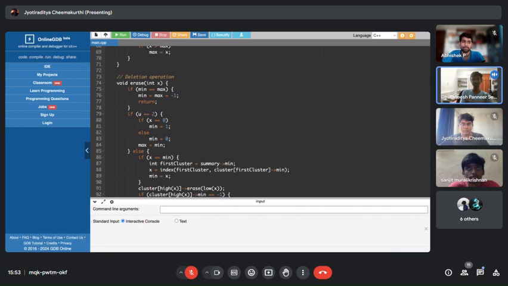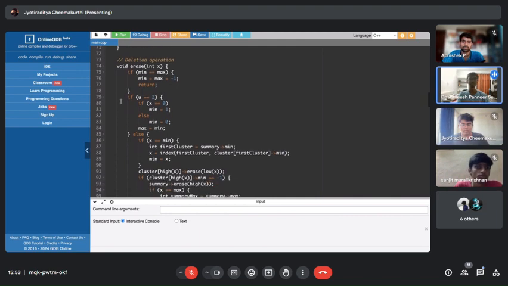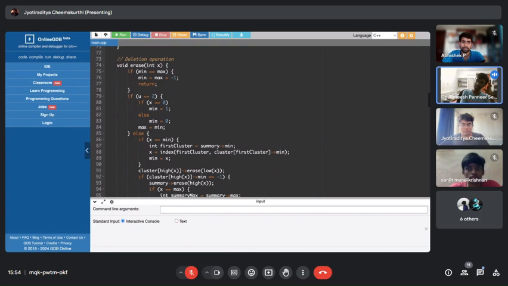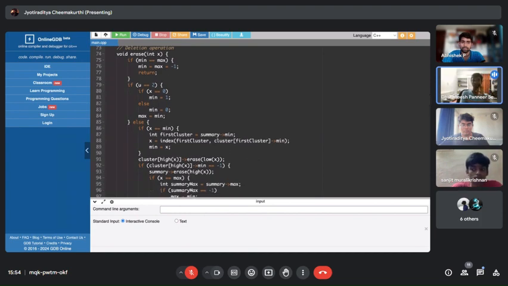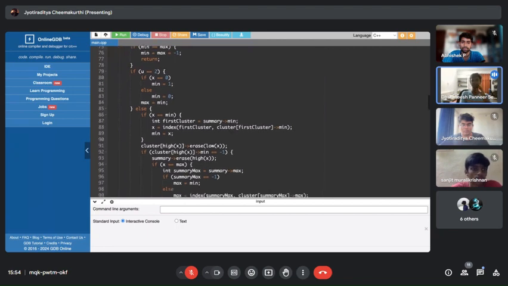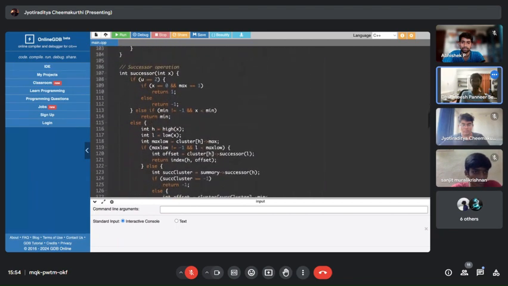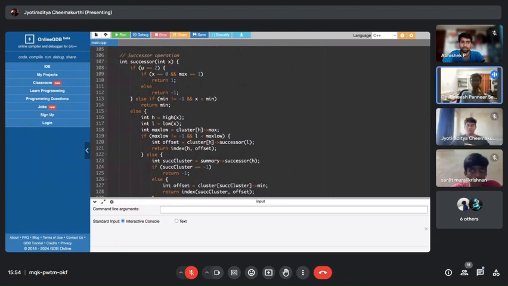In the first cluster, we move on to the higher points of each different cluster to figure out at which point the cluster is identified. Once the cluster has been identified, we iterate throughout the cluster and remove the element from that given cluster. So I think we can move on from deletion. Those are all the operations of deletion.